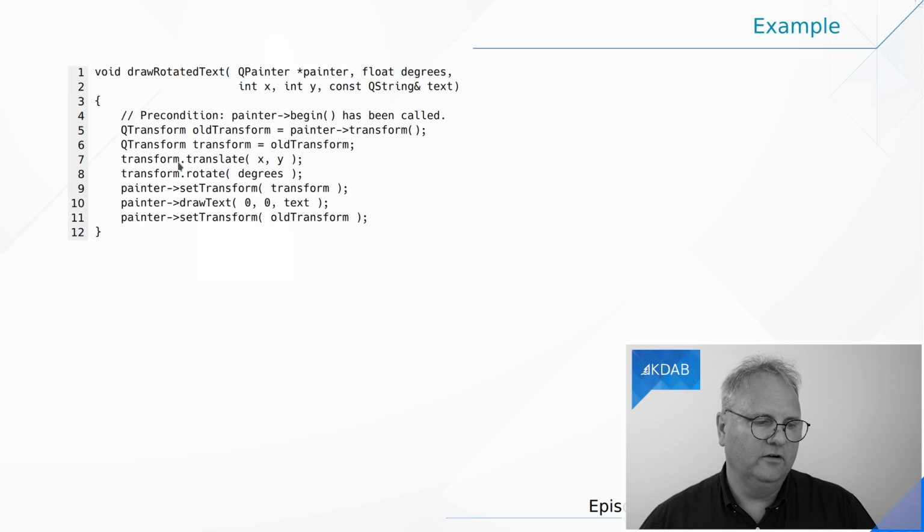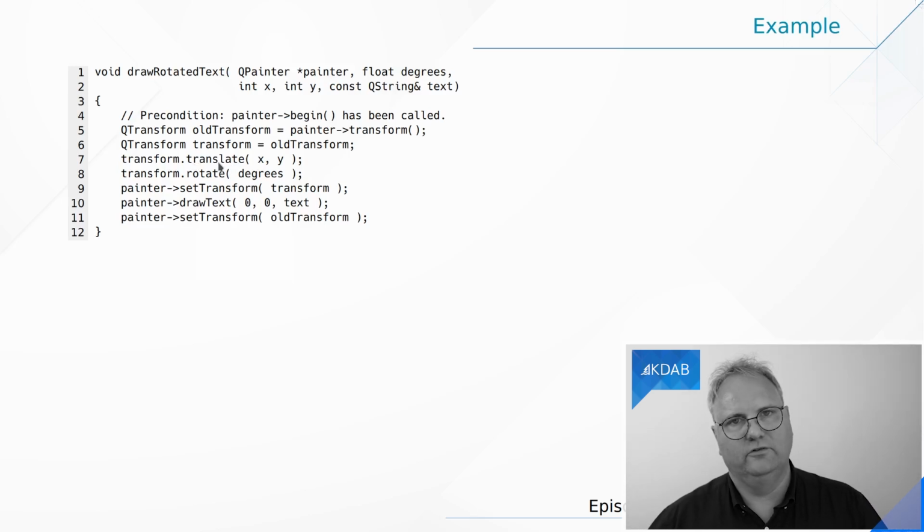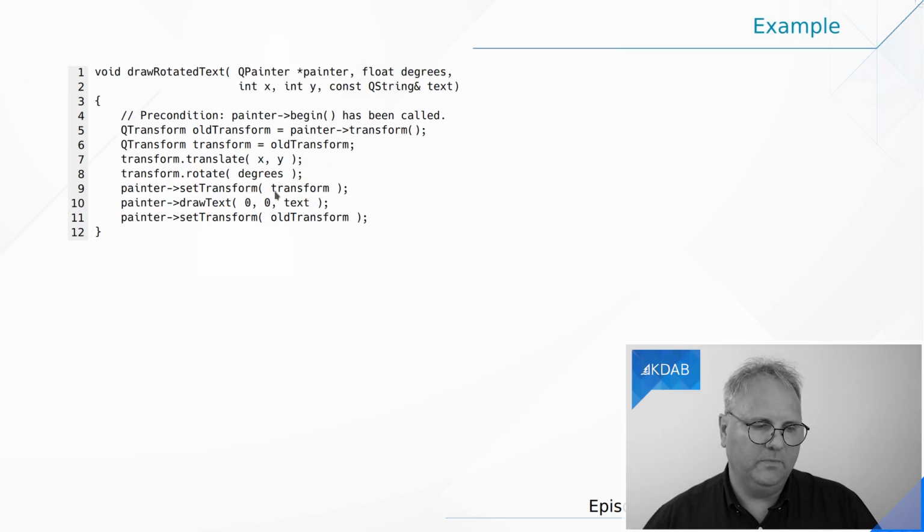And then the transform fortunately has all these methods: shear, scale, rotate, translate, they exist on the transform. So here I have exactly the same as we did before. Translate to this position, rotate this amount of degrees, set the transform on the painter, the new transform I created, and then draw the text and then set the transform back to the old transform.